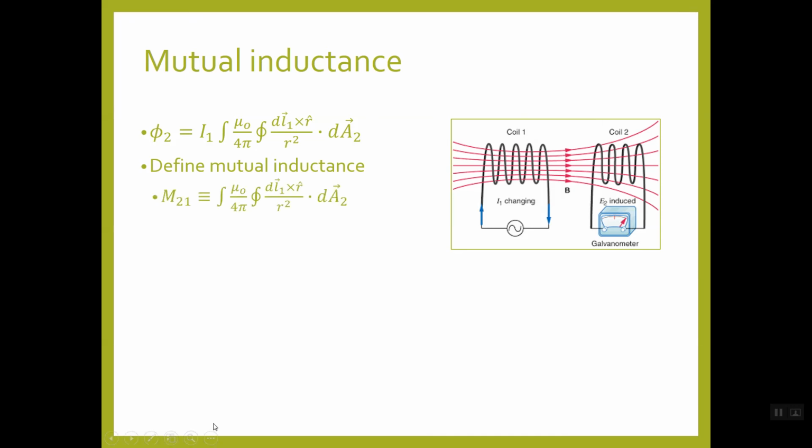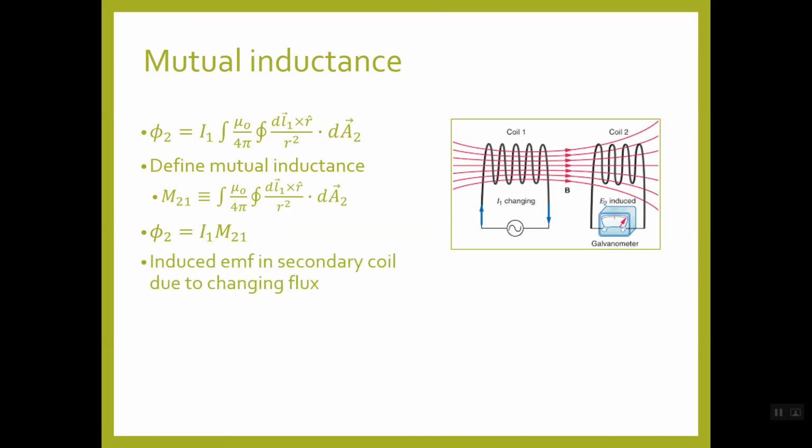I'll call it M21, and it's going to be equal to this big integral here. So that we can write the flux going through the secondary coil is going to be proportional to the current going through the primary coil times this mutual inductance.